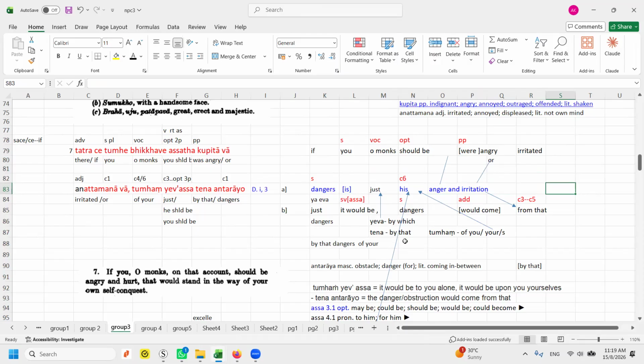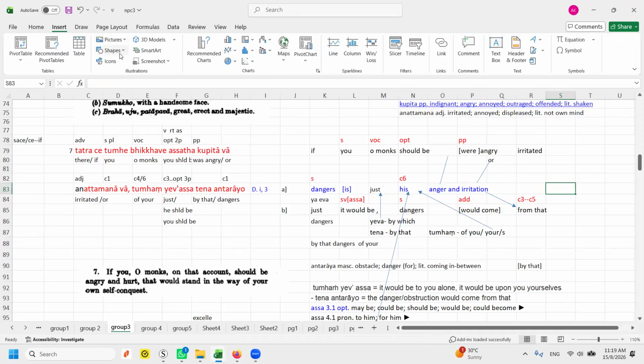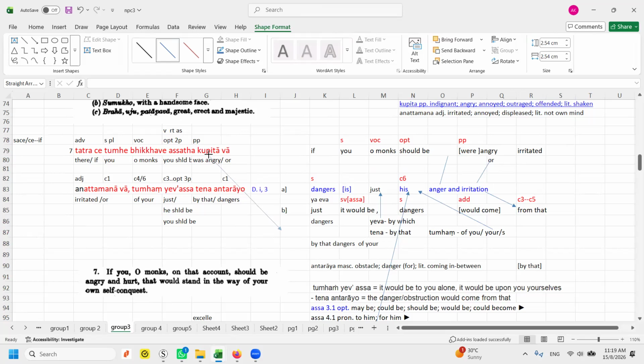By which, by that, of yours. This is of yours. So this one, you see, if you take this antarayo, this antarayo and this kupita, this can join because they are the same case. This one, I change it to blue.